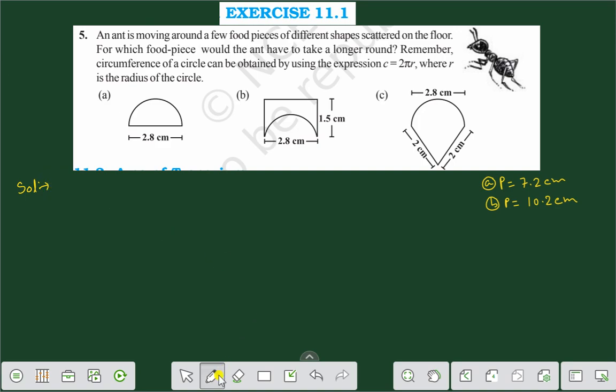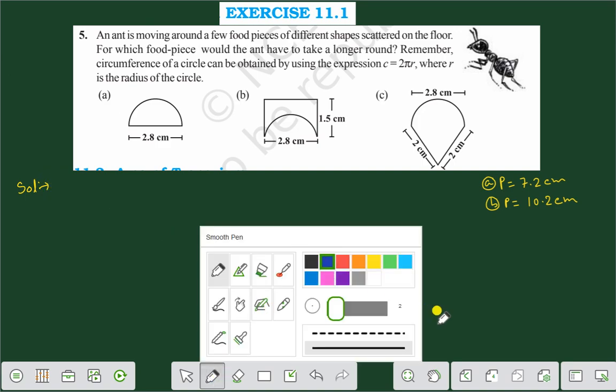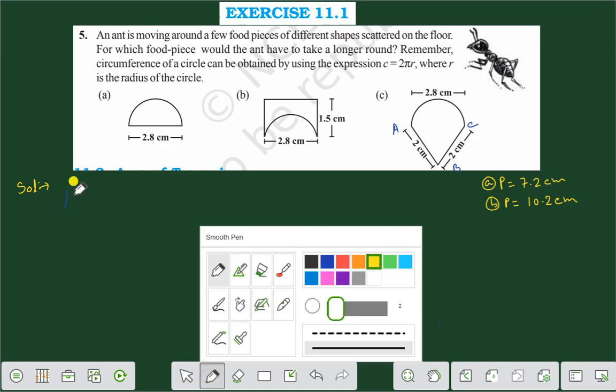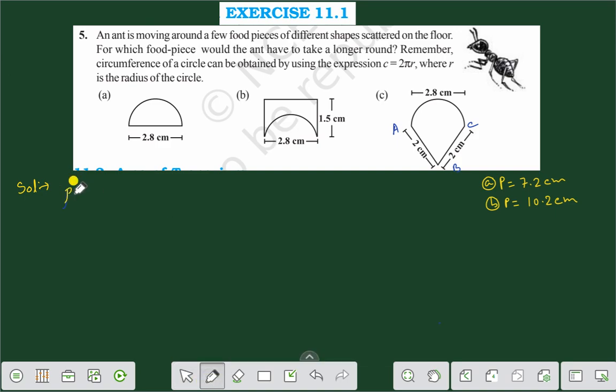Suppose this is A, this is B, this is C, then we are getting perimeter of the given figure.